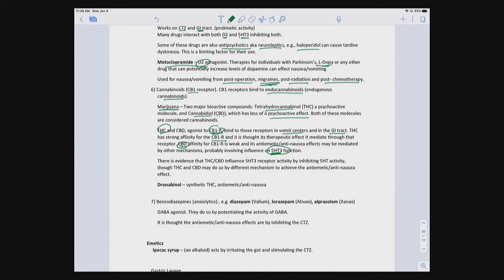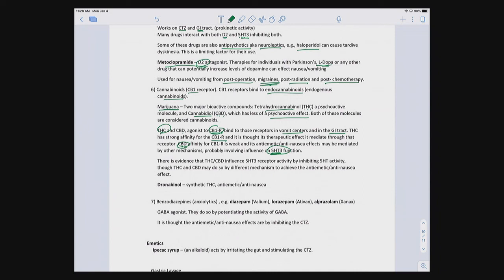Now, I want to give a word of caution, because smoking marijuana itself has, interestingly enough, a paradoxical effect compared to what we're talking about here. Smoking a lot of marijuana can cause vomiting.